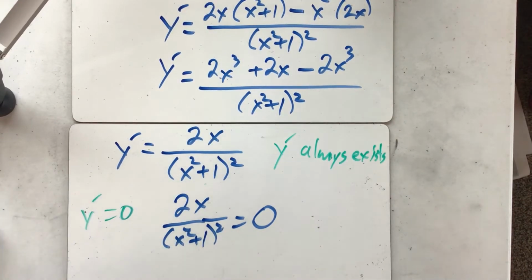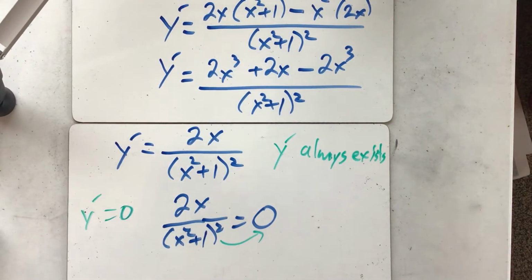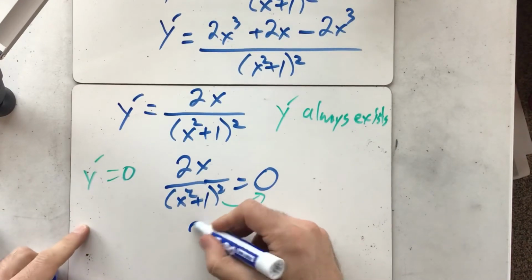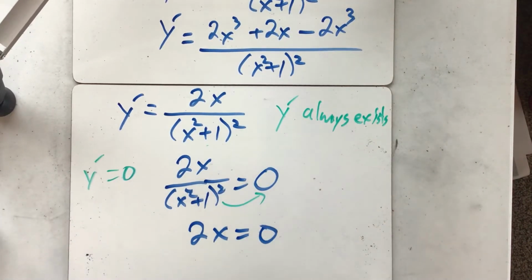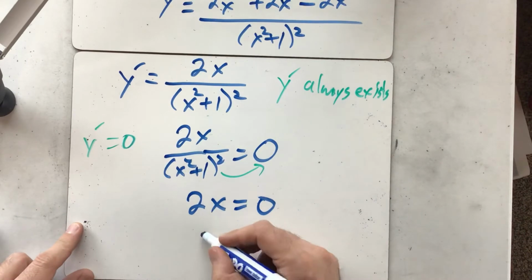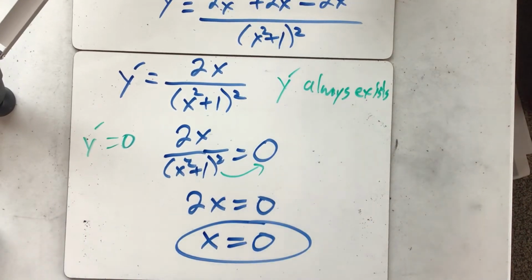The denominator is not 0, so we multiply both sides by the denominator, and we get 2x equals 0 times that denominator, but that's just 0. And so 2x equals 0 is our problem, and x equals 0 is our critical point. So this problem only had one critical point, and it's the x equals 0 critical point.